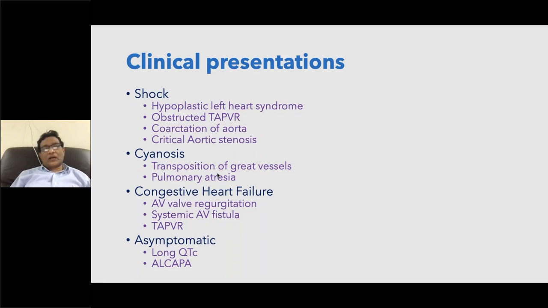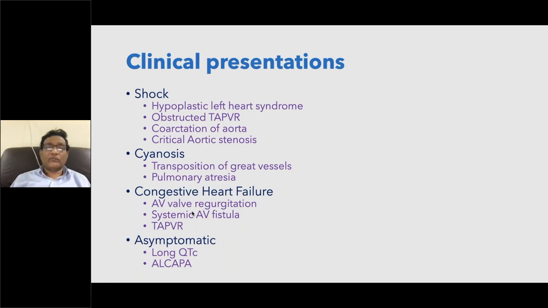Whereas congestive heart failure, AV valve regurgitation, systemic AV fistula like vein of Galen malformation or hepatic AVM, or sometimes total anomalous pulmonary venous return without obstruction, can present as congestive heart failure.